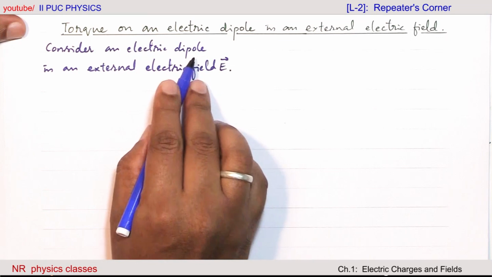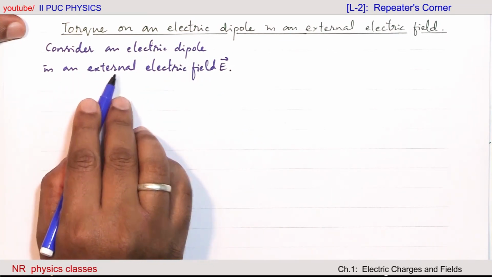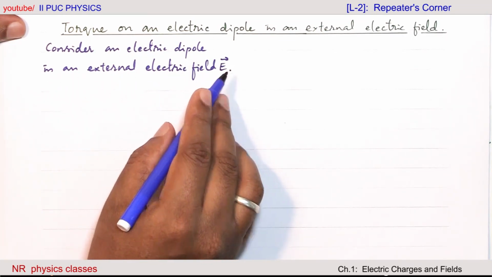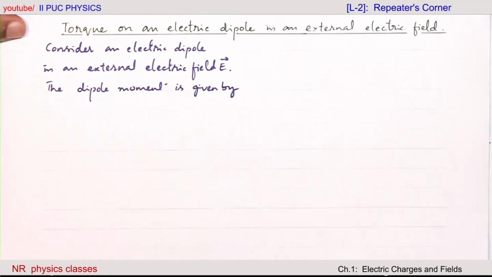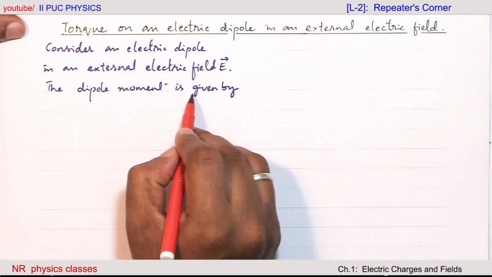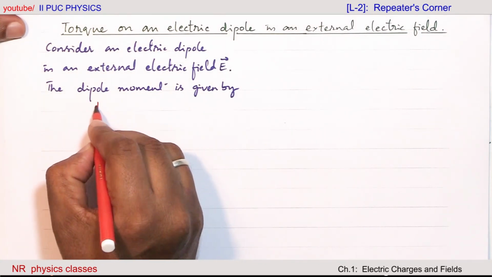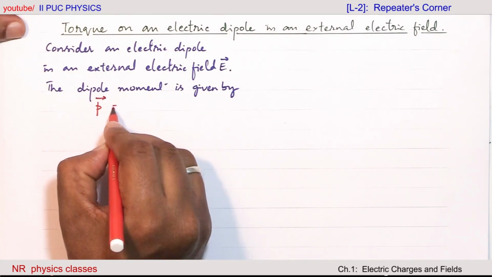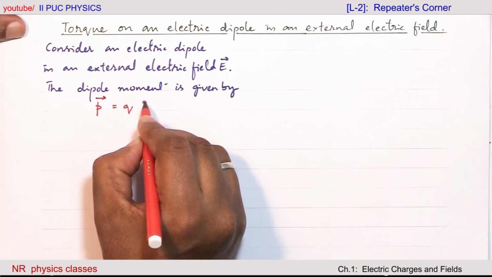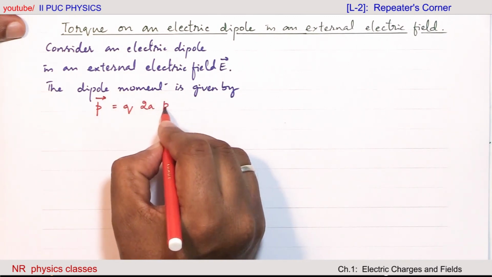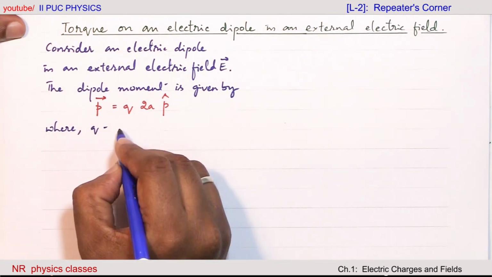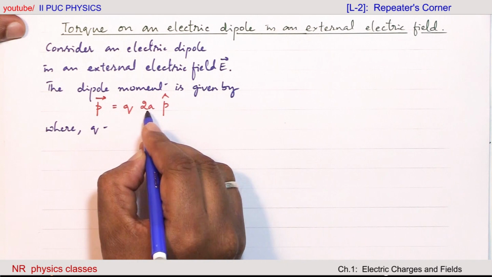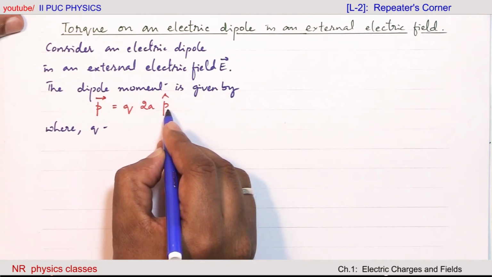Consider an electric dipole in an external electric field E. The dipole moment is given by P equal to Q into 2A into P cap, where Q is magnitude of each charge, 2A distance between the charges, P cap unit vector.